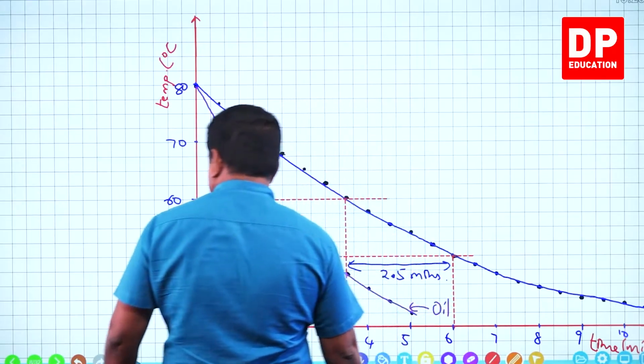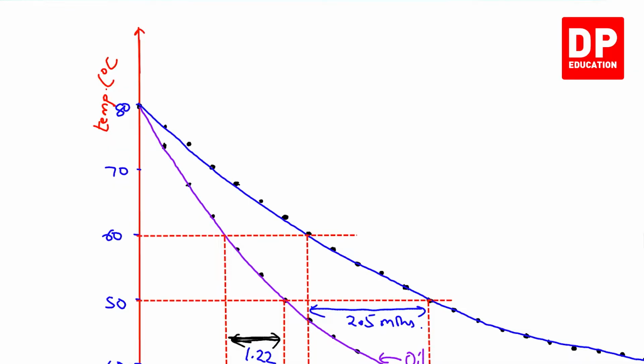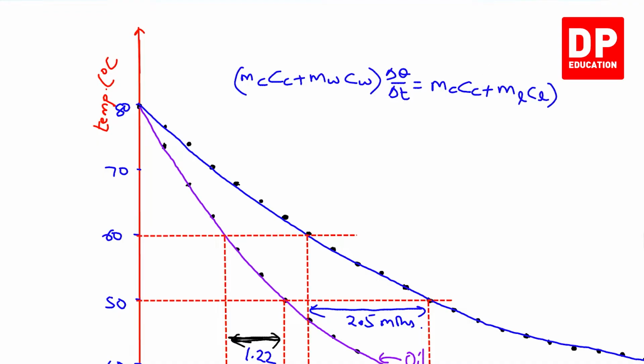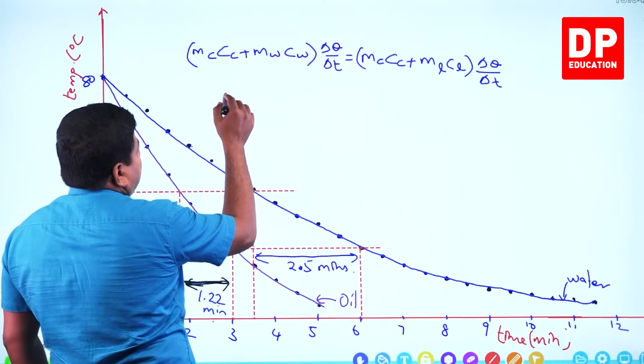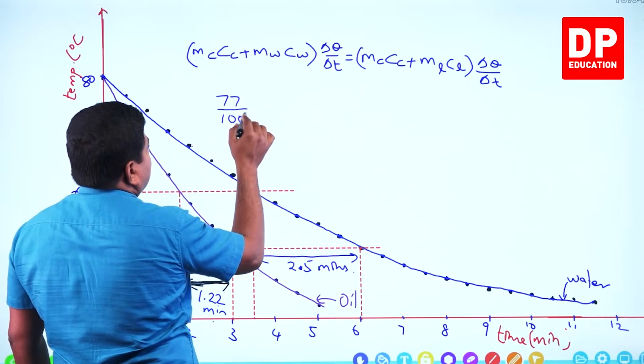Now let's do the calculations. What calculations? Look at this. We have already written MC, CC, MW, CW, delta theta by delta T equals M liquid, C liquid into delta theta by delta T. MC is 77 grams, so that will be 77 by 1000.